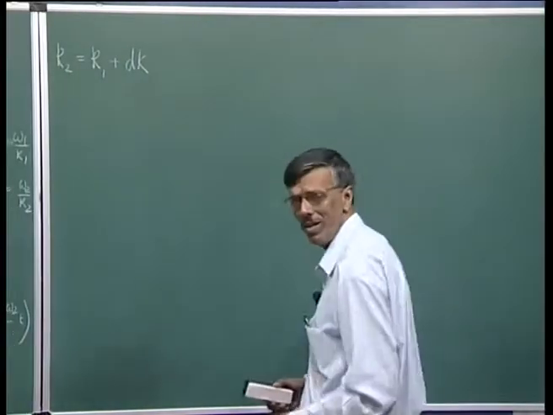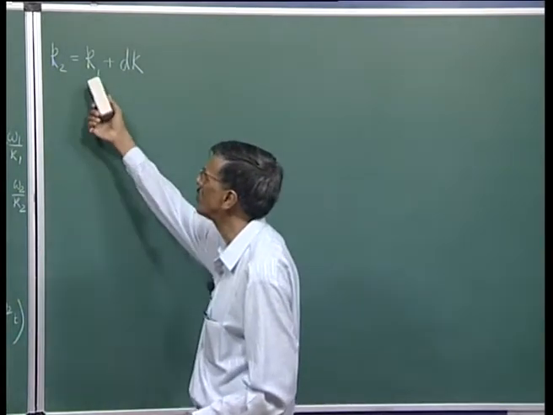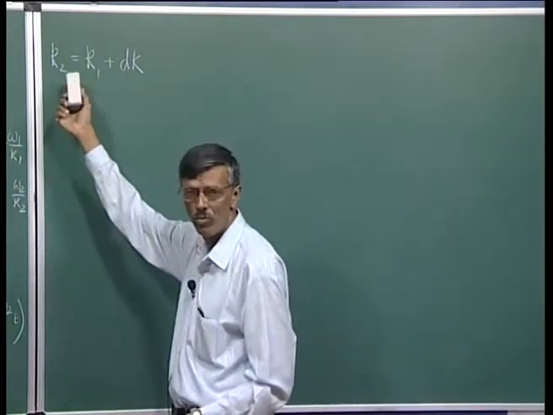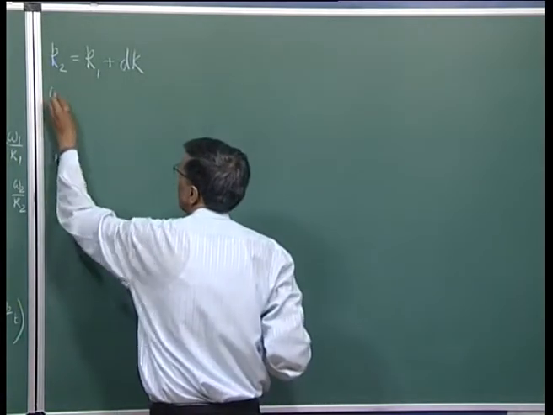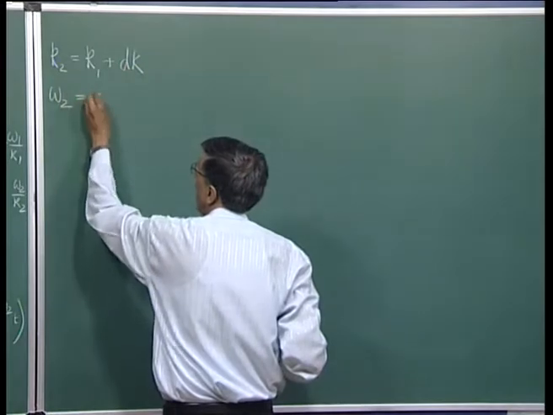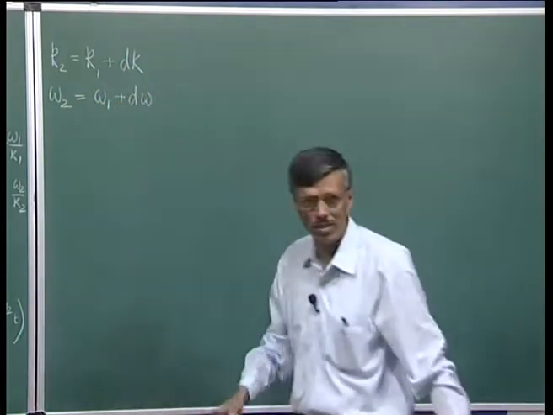So, if I have a dispersion relation and I focus my attention on two neighboring wave numbers like k1 and k2, then the corresponding circular frequencies would also be incrementally different, right.